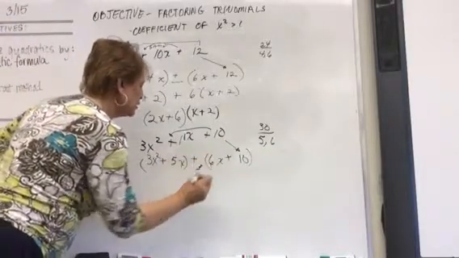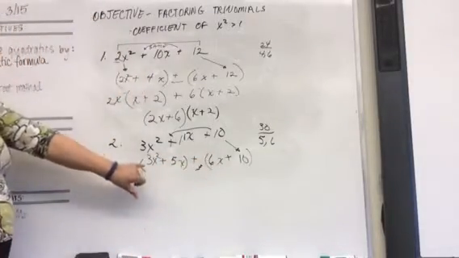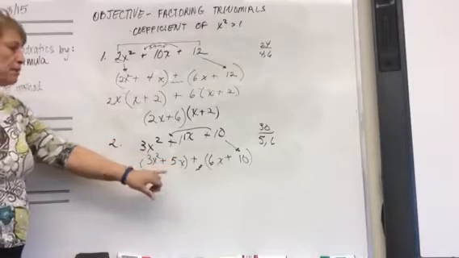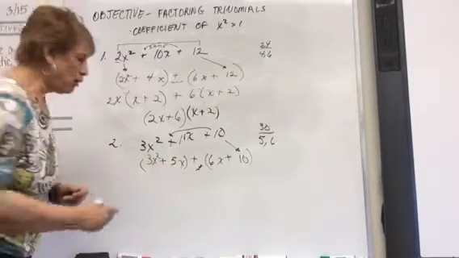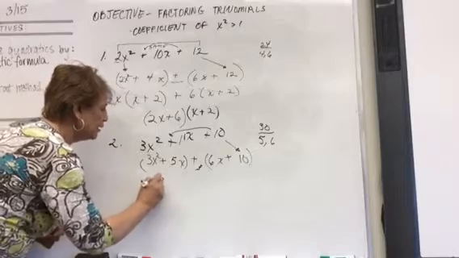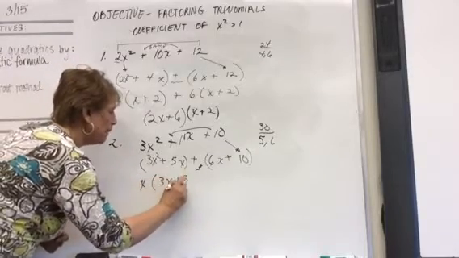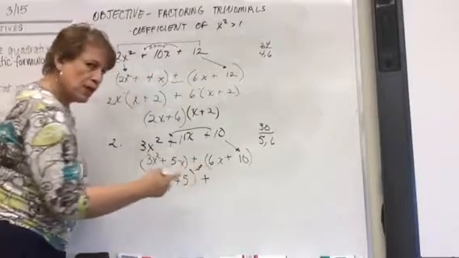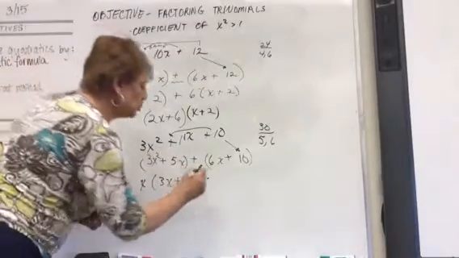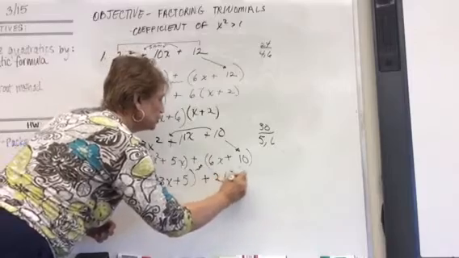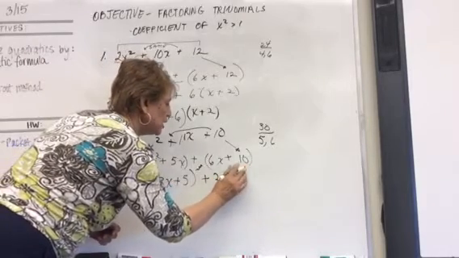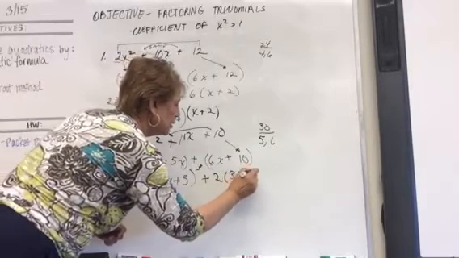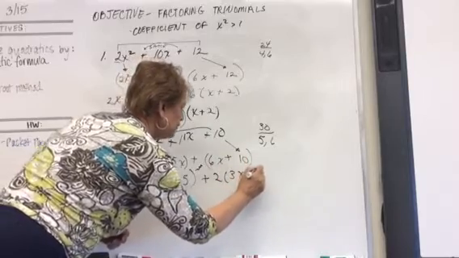5 here, 6 here. Now, I cannot factor anything out with the 3 and the 5, but I can factor out an x. Remember, we will always factor out an x. And that leaves 3x plus 5. There's my plus sign. The greatest common factor of my 6 and 10 is 2. And when I factor the 2 out from each of these terms, I'm left with 3x plus 5.